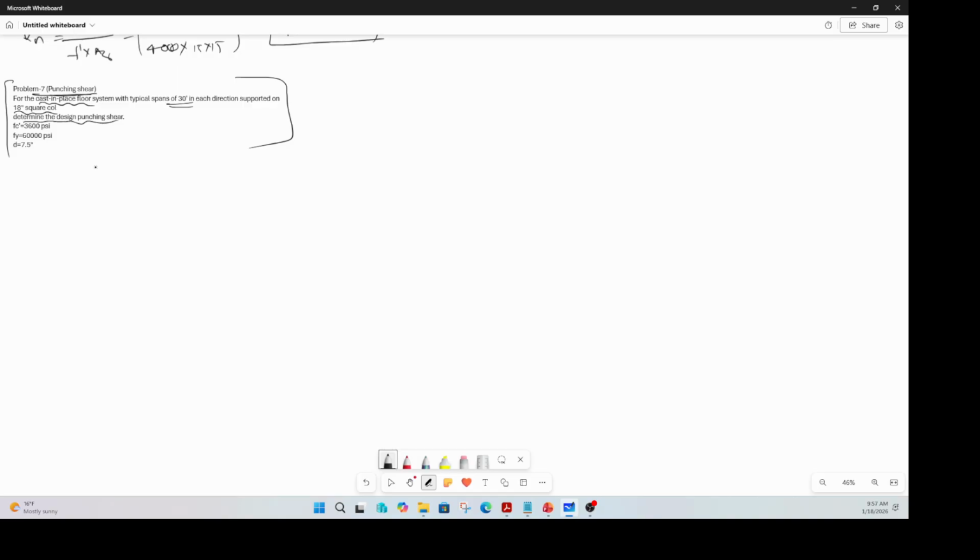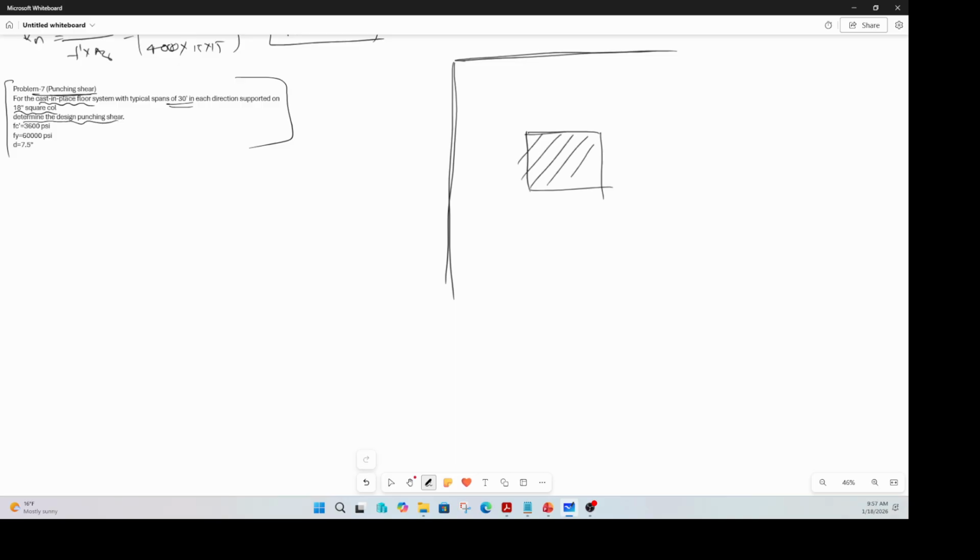Interesting thing is this column here is not at center. This column is like that. This is the edge of the slab, and this column is somewhere here, right? So this is the plan view. In general, this is a flat plate.